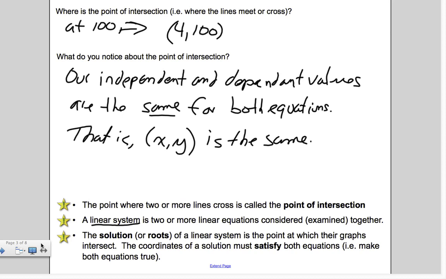That makes Morgan's gym equation true, right? When the month was 4, the cost was 100. 4 times 20 is 80 plus 20 is 100. When the month was 4, Cause's gym comes out to be $100. So that coordinate, 4, 100, made both equations true.